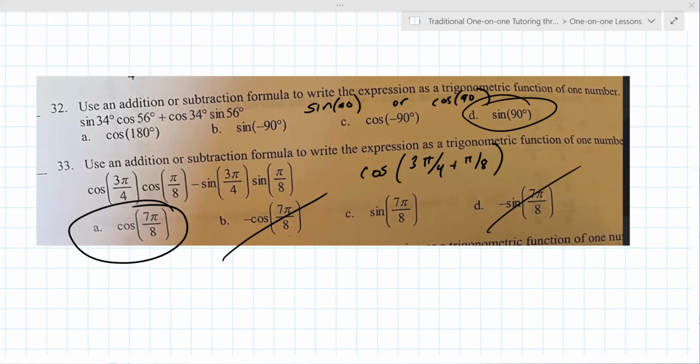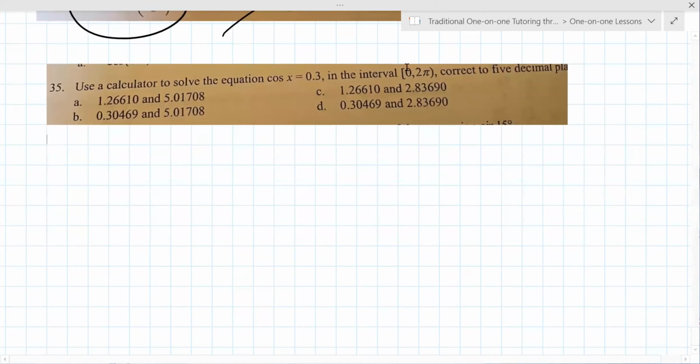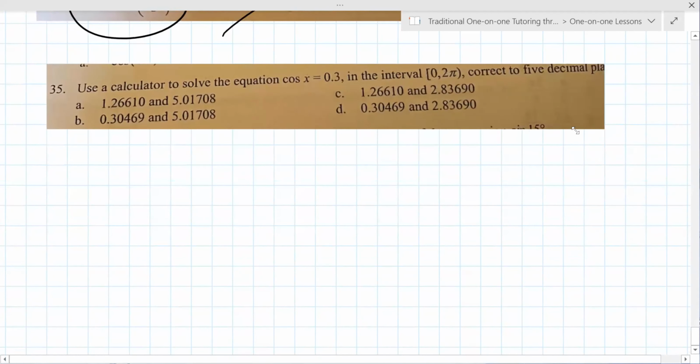Now, 35 is slightly different. We have to do a little work. Sometimes you just directly put the numbers in to get the answer. So a couple of options for a problem like 35.